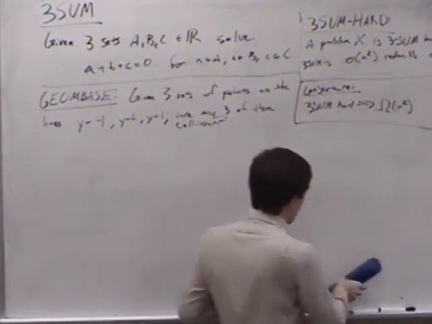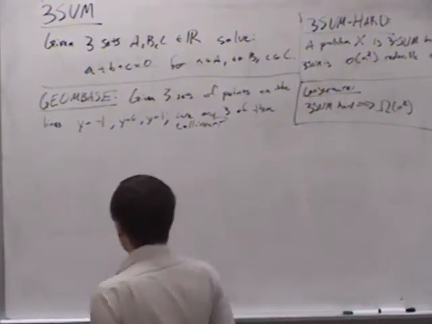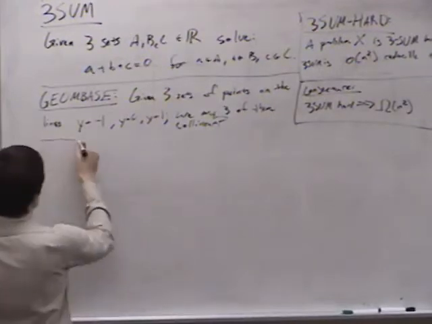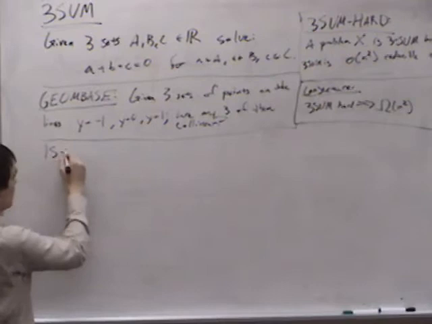one small step from g on base is this problem of detecting degeneracies in a point set. So we'll call this problem is degenerate.